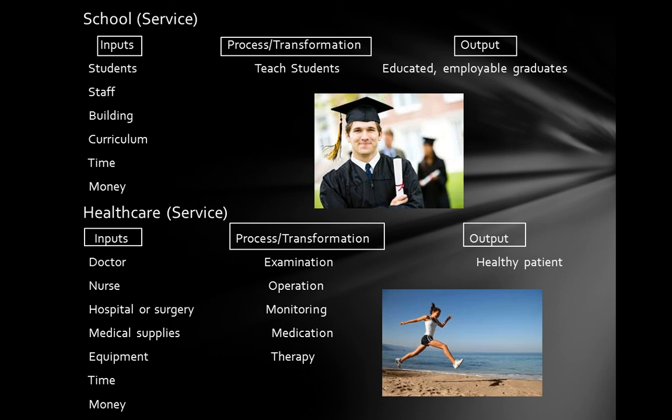Healthcare is another service organisation. Inputs here can include doctors, nurses, the hospital or surgery, medical supplies, equipment, and again, time and money. The process or transformation can include examinations, operations, monitoring, medication, or therapy. And the output is a healthy patient. The outputs of these services are intangible.